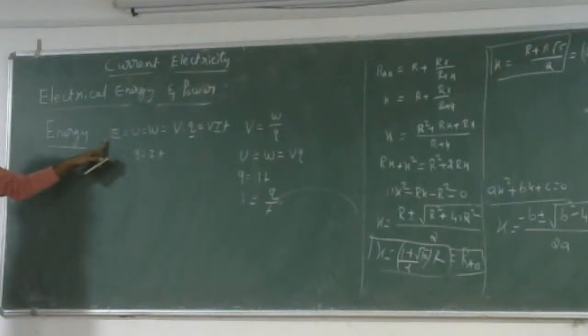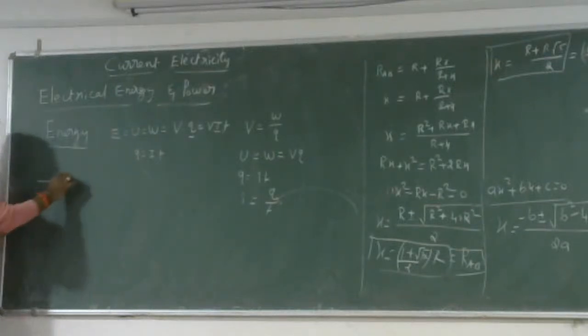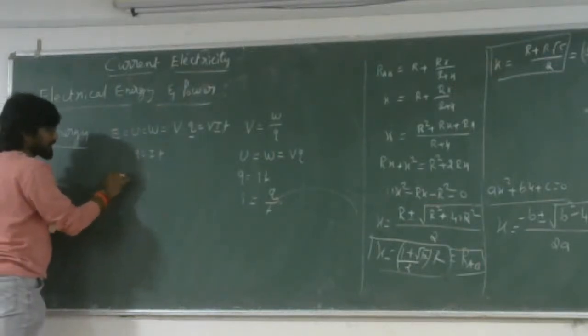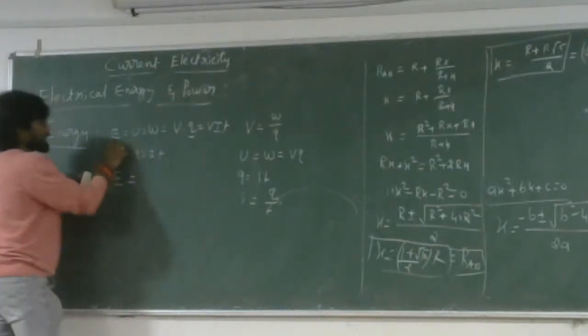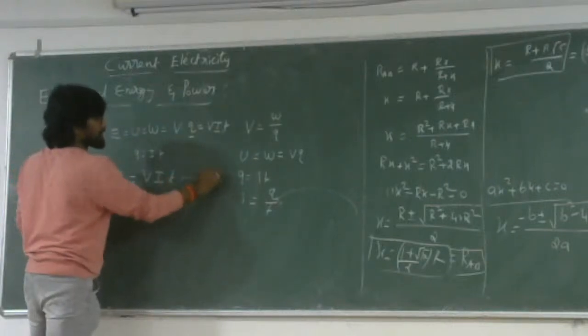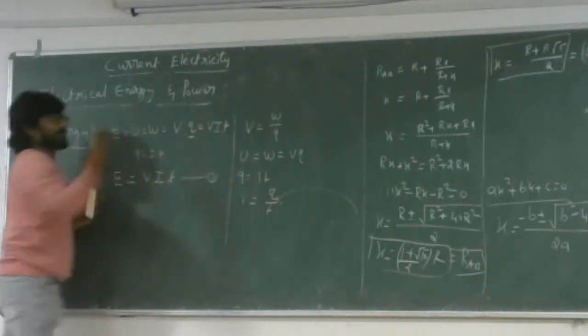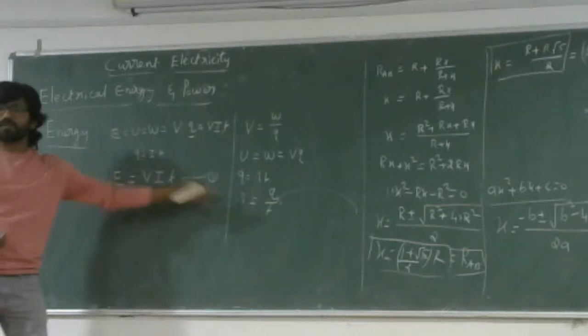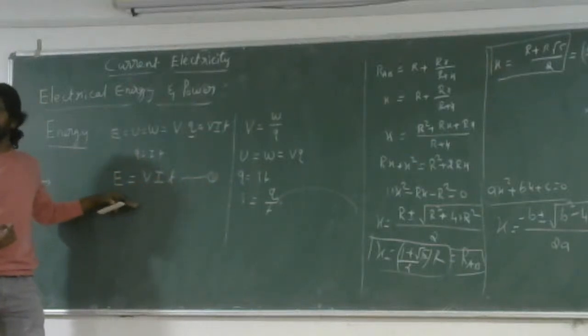Is it clear, everyone? So briefly, electrical energy E is equal to V I T. Let us say this is equation 1. By making use of these relations, you can get other equations.